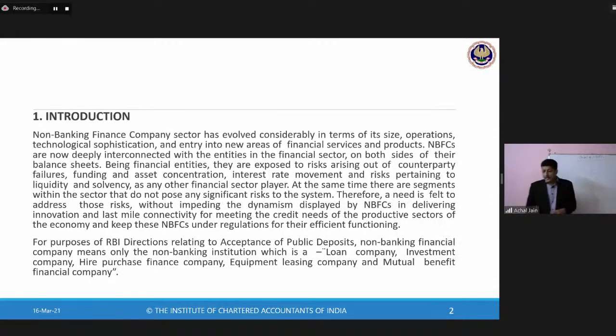Slightly diluted means that the various compliances which that entity would be required to fulfill to get the fund may not be the same and may not be as stringent as would be there in case of a bank. That's why it becomes relatively easier. It's not easy, I'm saying relatively easier, for an entity or a person to take such funds from an NBFC.